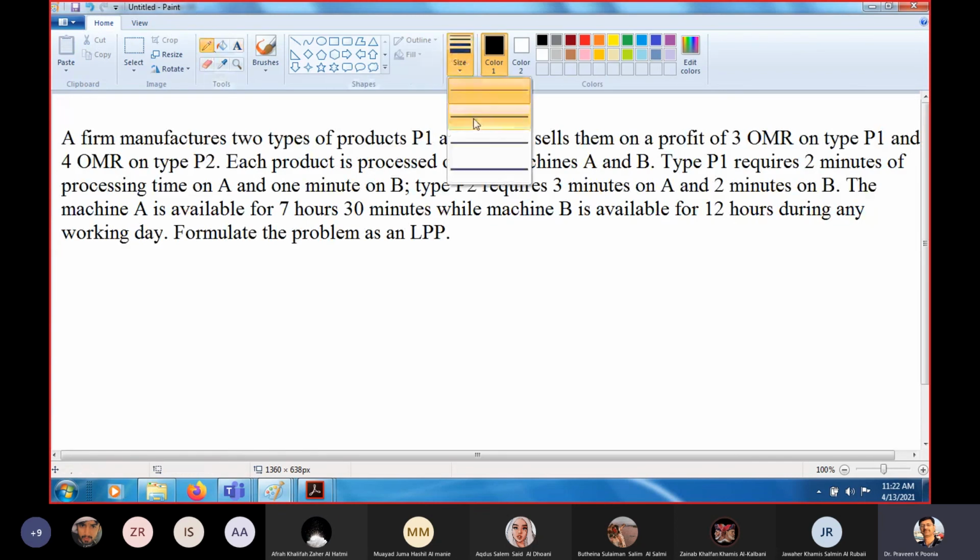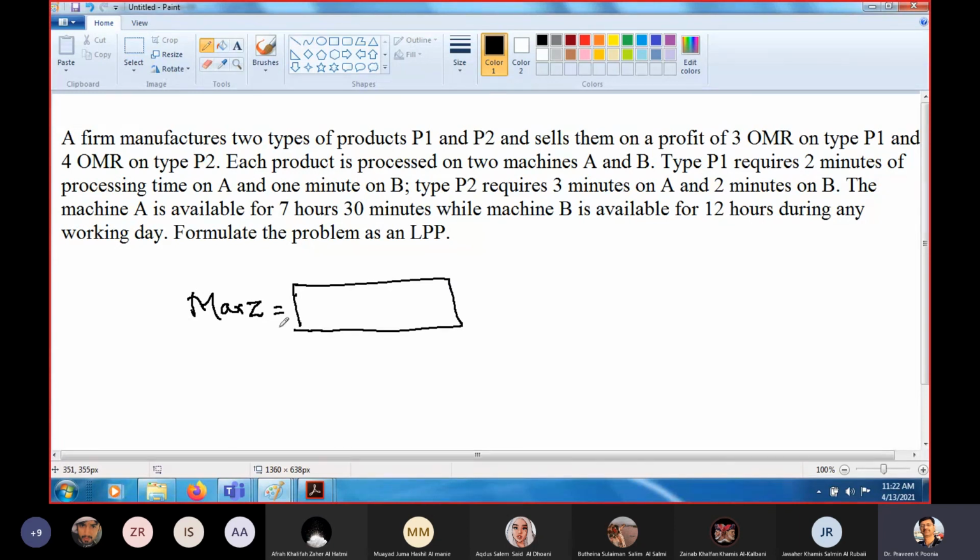Clear? Now what do you need to write? They will give you only max Z equals to fill in the blanks. That means what do they need? They need only the objective function.